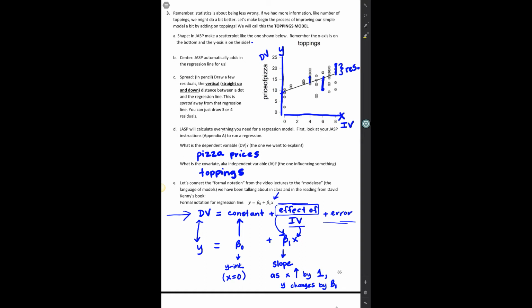The effect of IV, that b sub 1x, tells us if x changes, if I add a topping, if I go up by 1, then how does the price of the pizza change? The slope lets us see the effect of the independent variable on the dependent variable. So we can see what is the effect of adding one more topping, or one more topping, or one more topping.